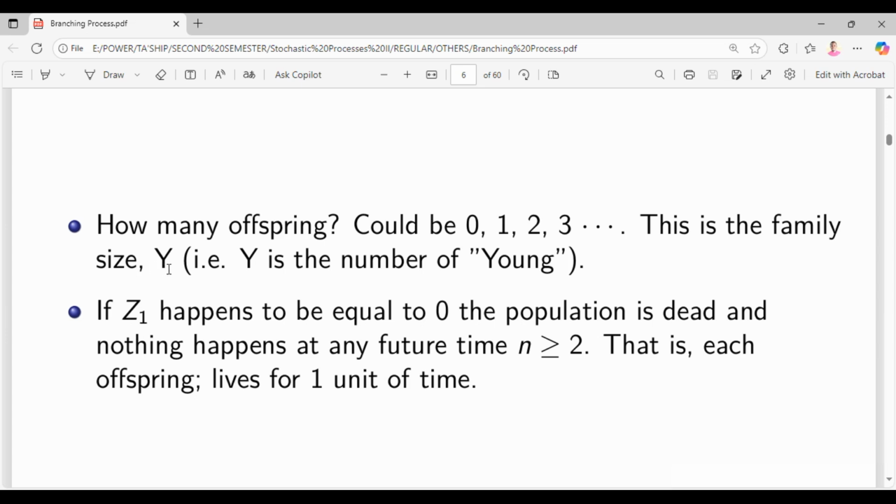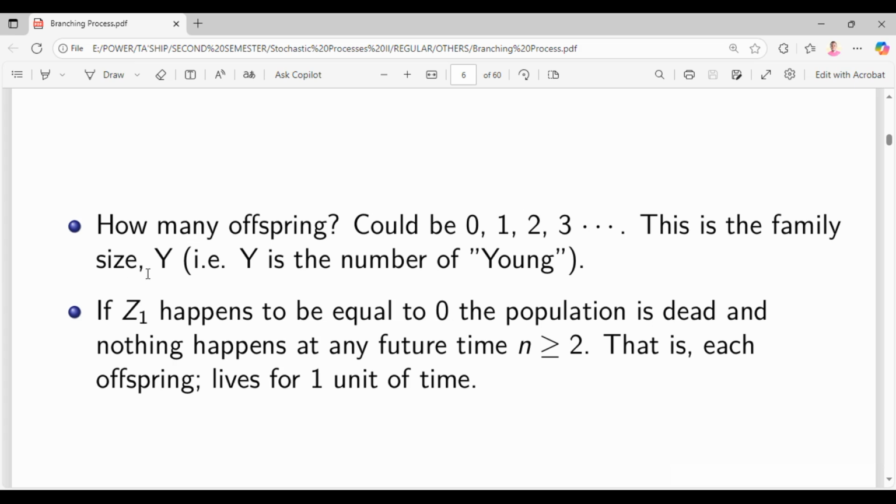So how many offspring? That's what I said in the previous slide. This offspring count could be 0. Maybe 0 means, in the case of a human being, that the person is barren and has not produced any child. If it is 1, 2, 3, and so forth, that is the family size.